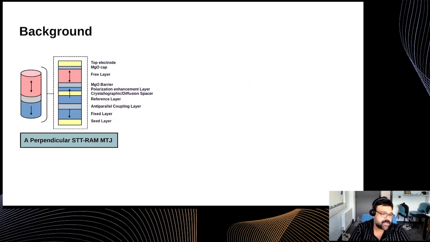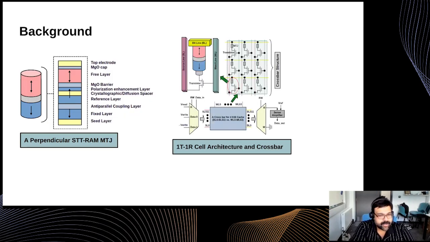So let's take a look at the STT-RAM MTJ. This is how the MTJ looks. Starting from the top electrode, MgO cap, magnesium oxide cap, then you have the free layer, the magnesium oxide barrier, polarization enhancement layer, crystallographic diffusion spacer, followed by the reference layer, anti-parallel coupling layer, fixed and seed layer. When you are going to design the entire memory, you need to prepare a crossbar. This particular MTJ will be attached to one transistor, as you can see in the right-hand side diagram.